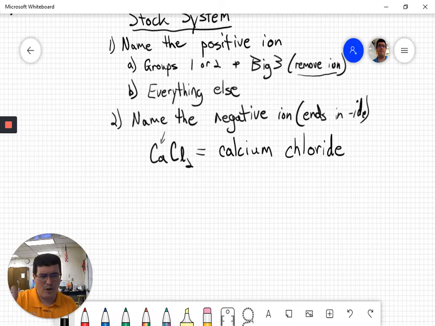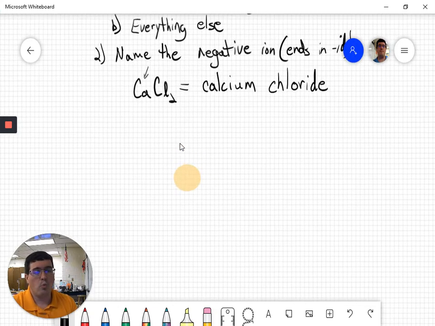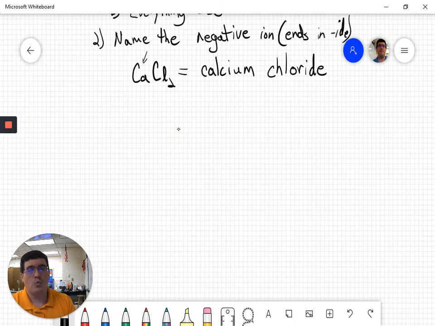We love seeing group 1, group 2, or any of the big 3, right? This could have been aluminum chloride or silver chloride or zinc chloride. Those are the big 3. It gets a little more complicated when we go to rule B. So if we're looking at 1B, things get a little more difficult because we might have something from what we wrote down before.